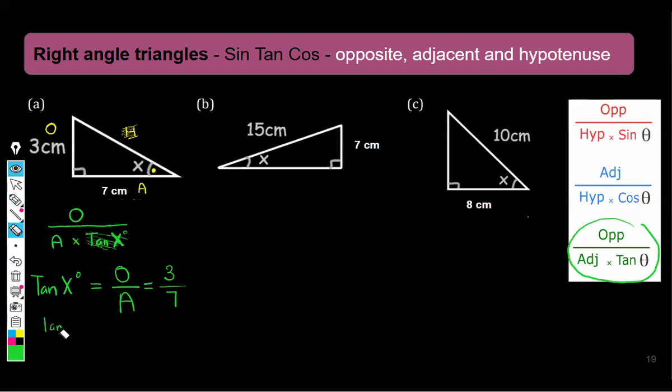Don't put degrees. 3 divided by 7 is just 0.43. There's no degrees or anything, not yet in any case. I prefer to go to 2 decimal places.